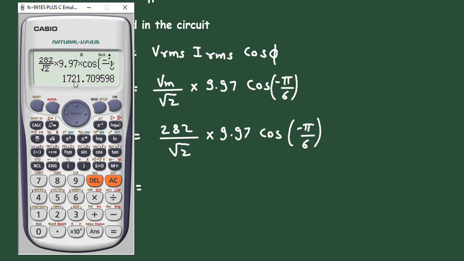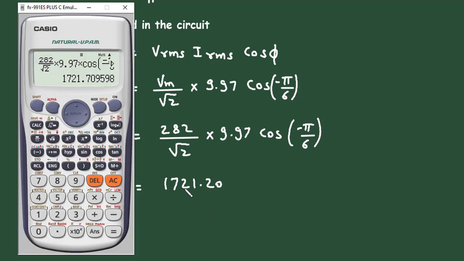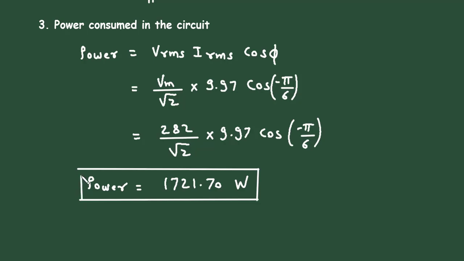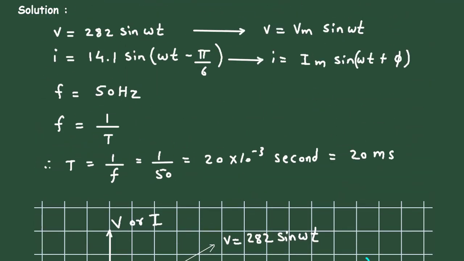Let's solve this. It is 1721.70. Since it is power, its unit will be watt. So this is how we can find the RMS value, average value and power consumed. And this is how we draw the waveforms.